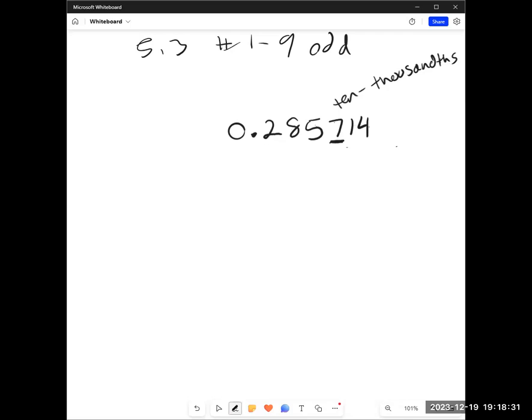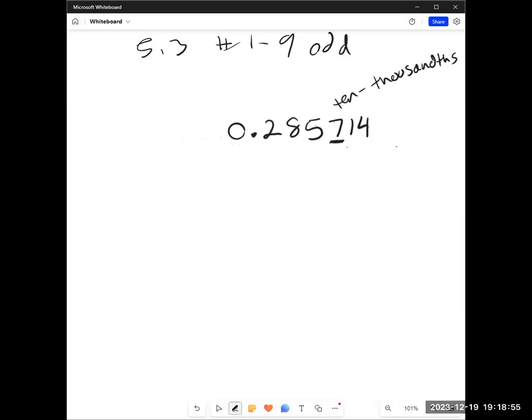If it were on the other side of the decimal point, this would be units or ones, then tens, then hundreds, then thousands. We would want to be clear that people can hear the difference between us saying hundreds and hundredths, thousands and thousandths, millions and millionths, right?